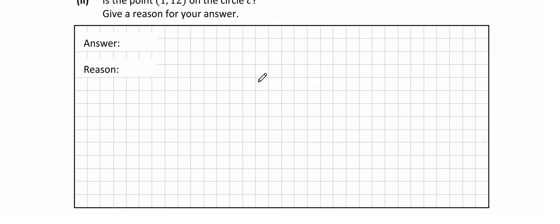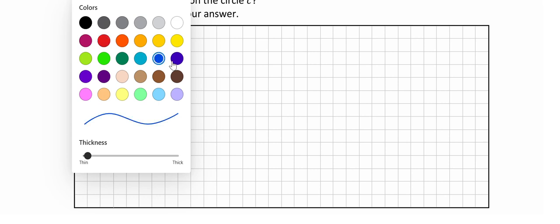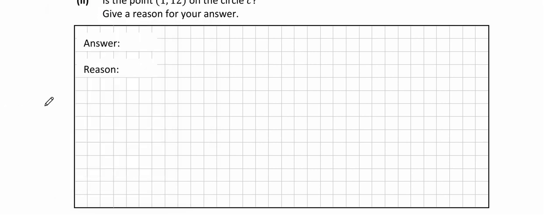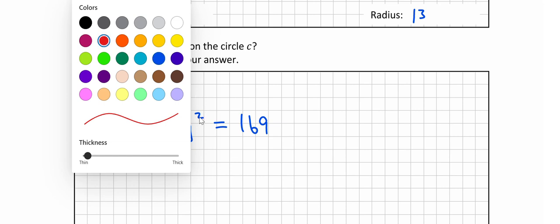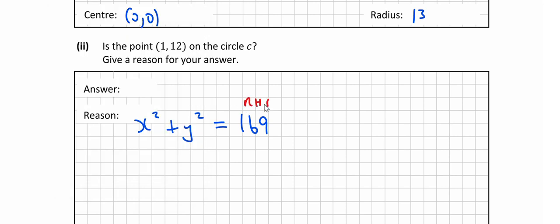So, is the point (1, 12) on the circle C? We'll just jump back up here. Our circle is x squared plus y squared is equal to 169. And of course, underneath the bonnet here, we have a left-hand side and a right-hand side. This is the basis of any equation.